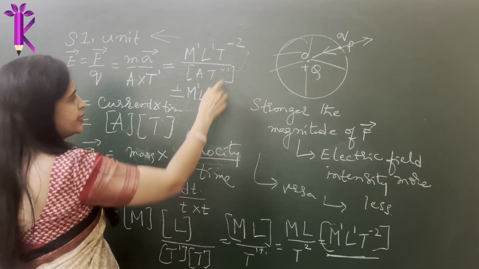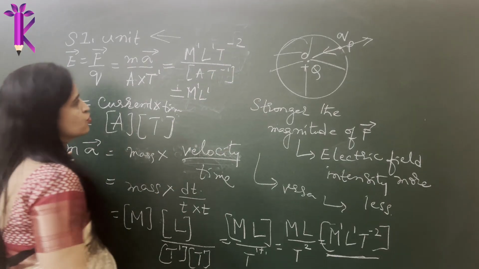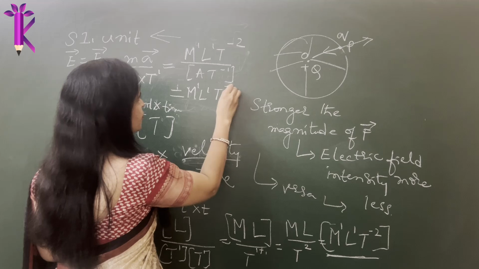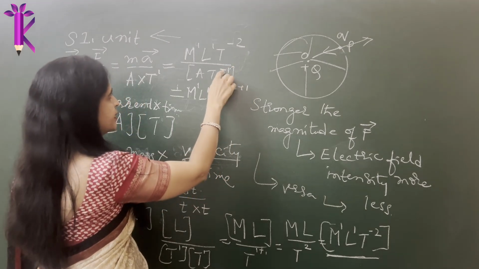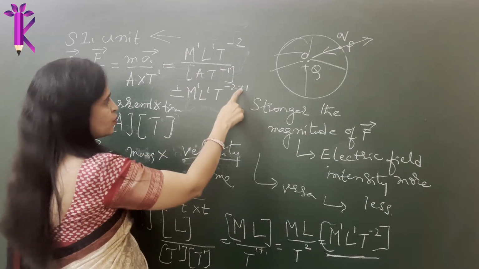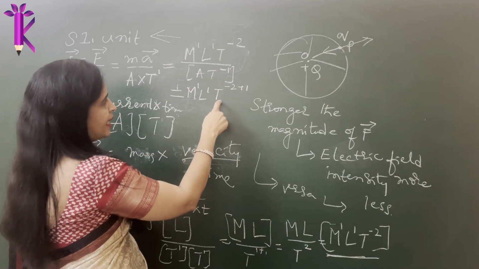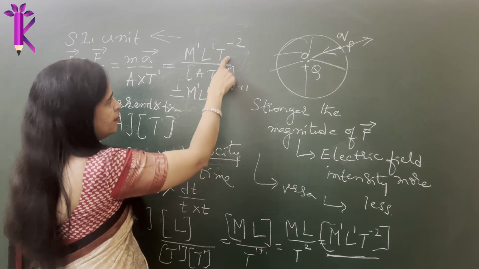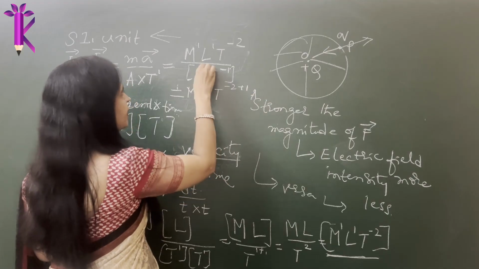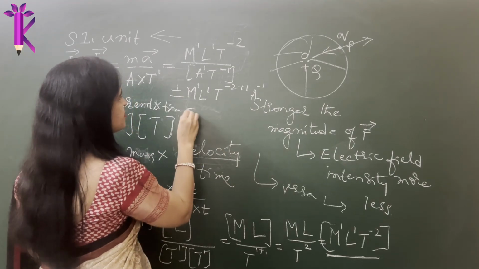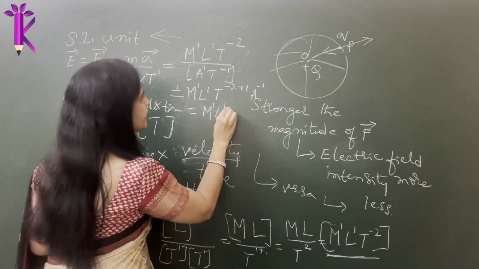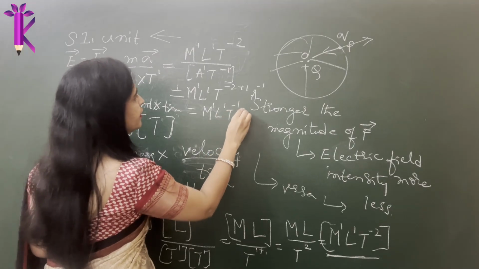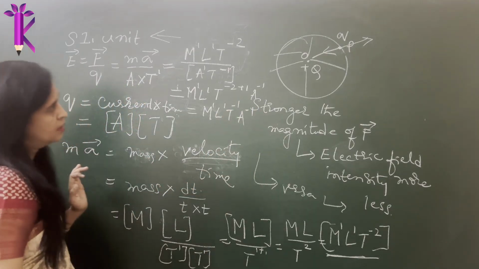If it goes to the numerator, it will be plus 1. I will rewrite it if you have any confusion. Minus 1 when it goes to the numerator changes its sign and becomes plus 1. Since the bases are same, I am adding the powers. Minus 2 plus 1, and A to the power 1 goes to the numerator, it becomes minus 1.